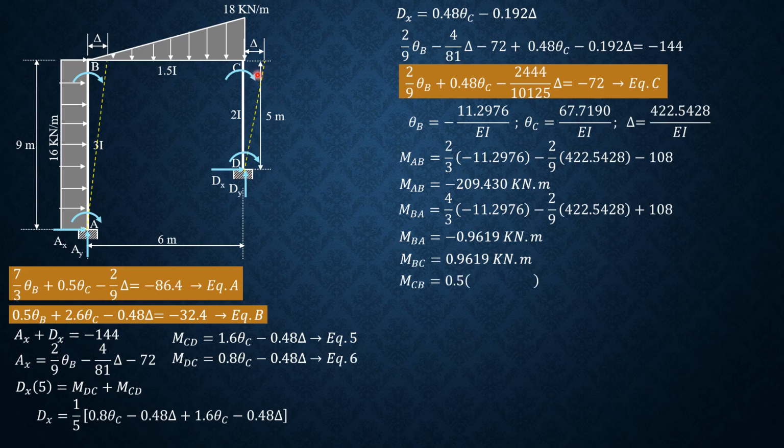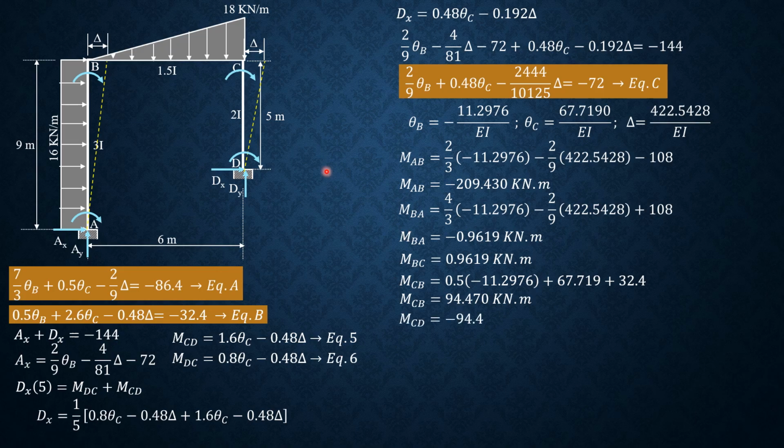MCB is 0.5 of theta B plus theta C, which is 67.719 plus 32.4. So MCB is 94.47 kilonewton meter. Therefore, MCD is the negative of this value.